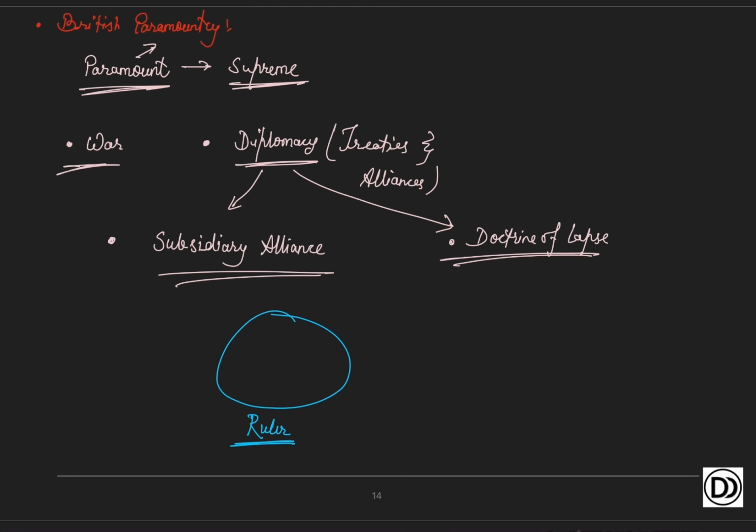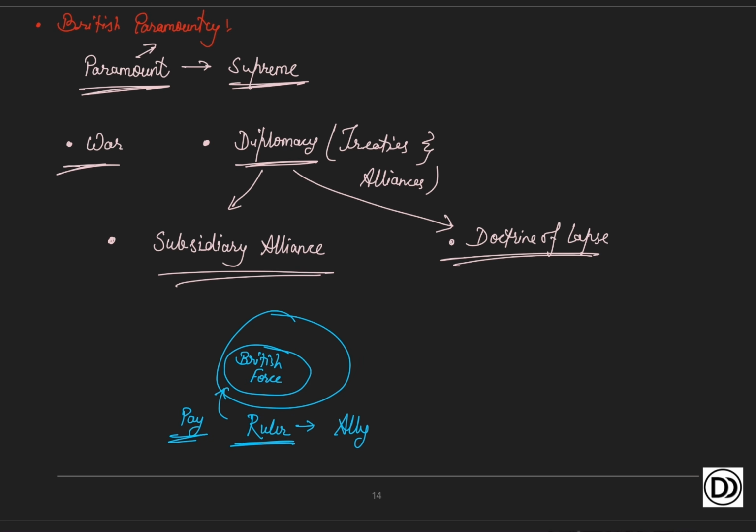So this is a ruler who has been turned into an ally. Alliance has been set up. Now he is required to allow stationing of a British force inside his own territory, and the ruler has to pay for the maintenance of this force. The ruler has to allow a British force inside his territory and also has to pay for it.